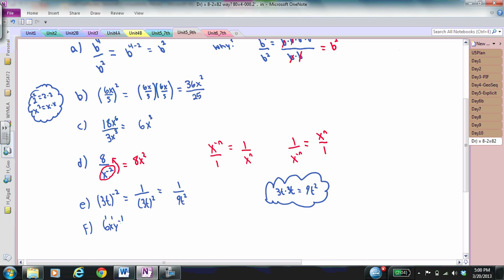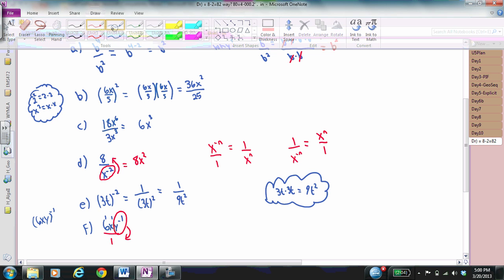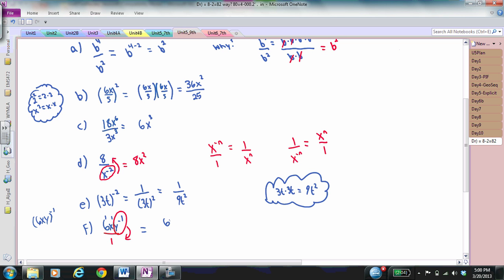So the negative 1 only goes with the y. It would go with everything if it was written this way, in parentheses. But the negative 1 only goes with the y. So we just have to move this term to the denominator and make it positive. So it becomes 6x over y.